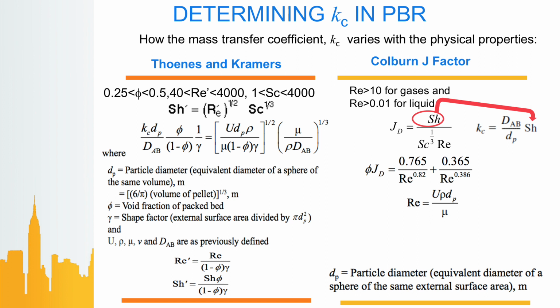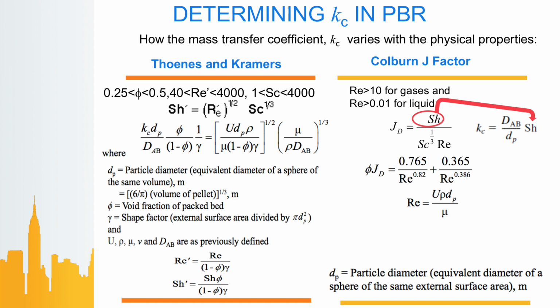But if the shape of the catalyst is not spherical, you need to follow this formula, which is external surface area divided by pi dp squared. Then you need to calculate the Reynolds number prime first, and then the Sherwood prime. So that's for Thoenes and Kramers.